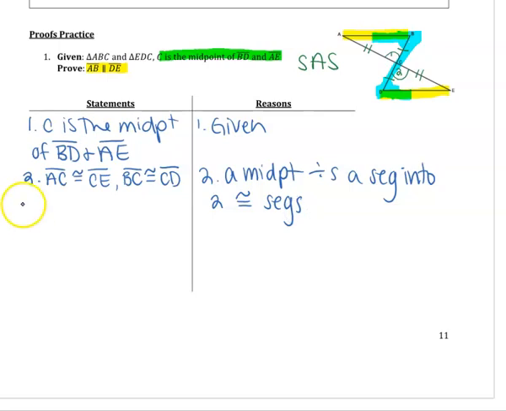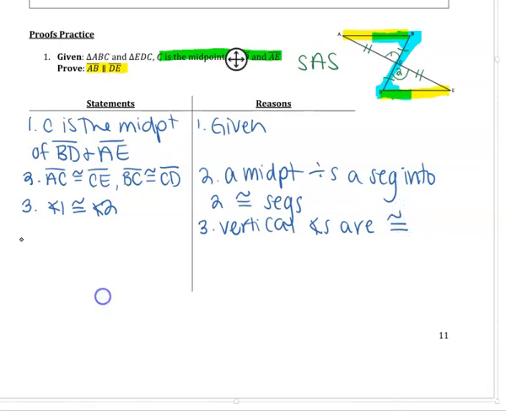Okay, step 3, let's talk about those vertical angles. All right, now I'm looking to get my triangles congruent. Did I talk about everything I wanted to talk about?